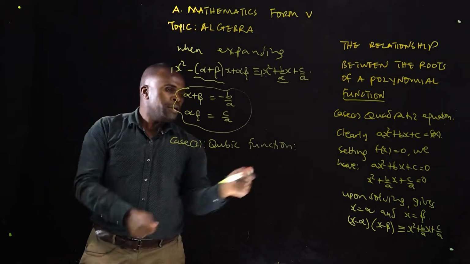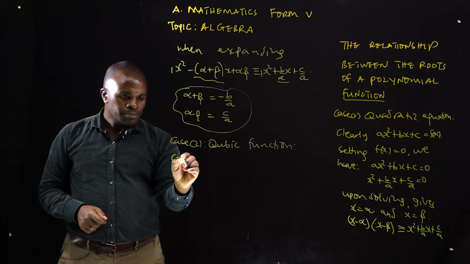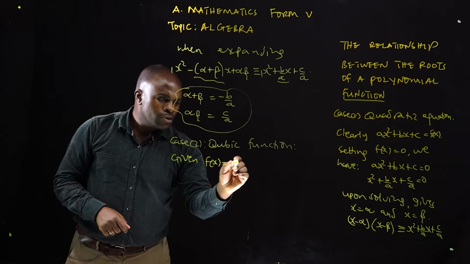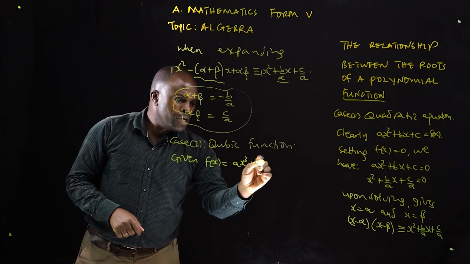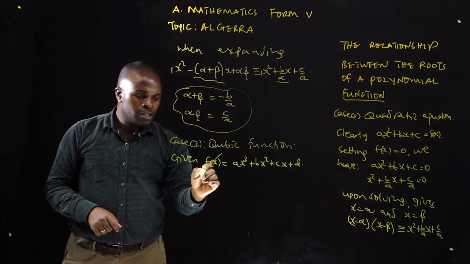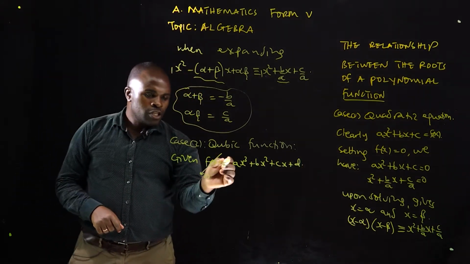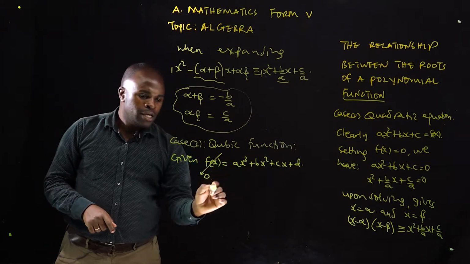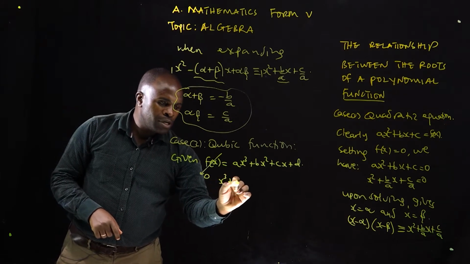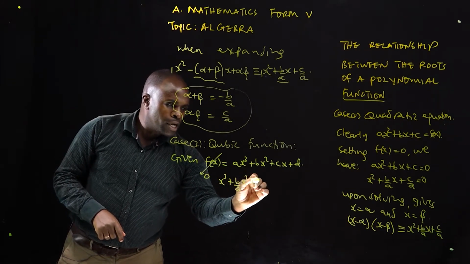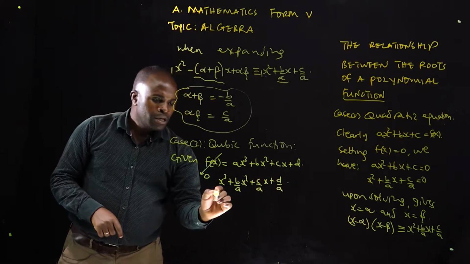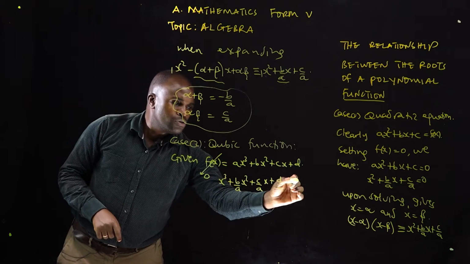Here we simply say, given f of x equals ax cubed plus bx squared plus cx plus d, when we set this to 0 and divide by a, we will get x cubed plus b over a x squared plus c over a x plus d over a, which is equal to 0.